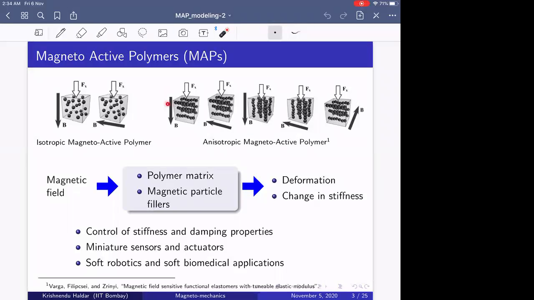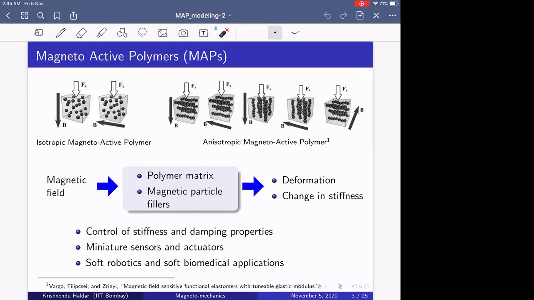What you did, you applied a magnetic field along the direction of the chain, so that all these tiny filler particles got aligned, and during the curing process you get a nice chain out of it. Once you have these, you have a very strong anisotropic property; mechanical as well as magnetic anisotropic properties are observed for magneto-active polymers.